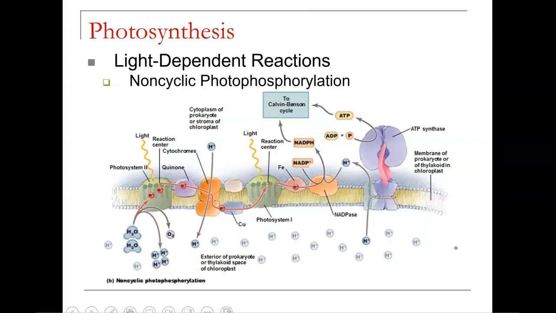Light-independent reactions don't require light, so these are also known as your dark reactions. They use the ATP and NADPH that were generated by the light-dependent reactions as their energy source, and that's what helps drive the reactions. It involves what's known as the Calvin-Benson cycle, a three-step process in which carbon dioxide is reduced to produce a molecule of glucose.